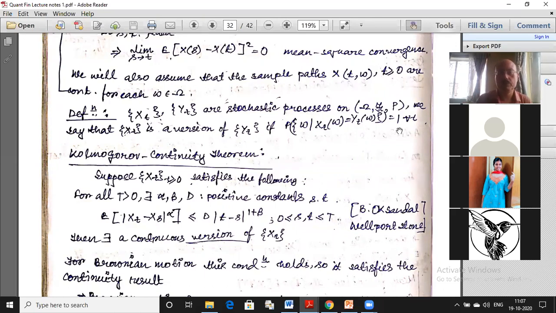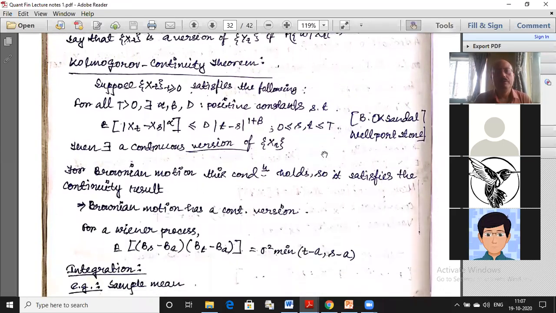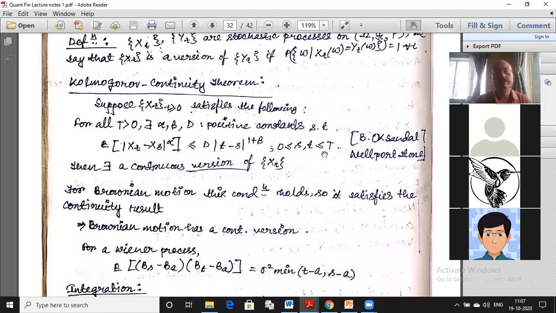Okay. So why is this definition relevant for us? Because we were discussing continuity of sample paths and whether we should make that assumption. It is relevant because of this very important and extremely fundamental result due to Kolmogorov. So it's again one of the benchmark results in stochastic processes, the Kolmogorov continuity theorem. What is the statement?